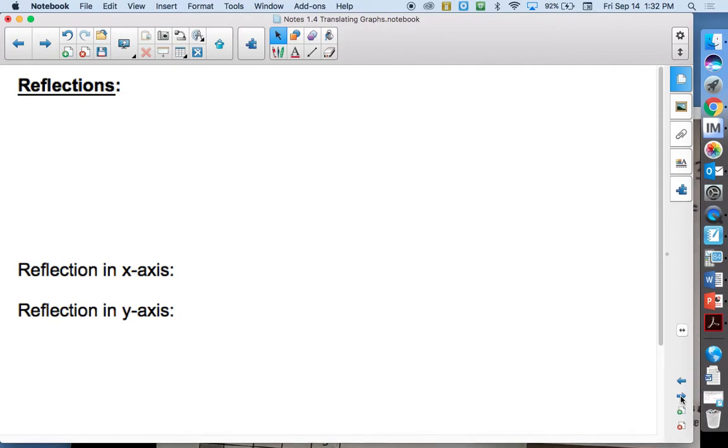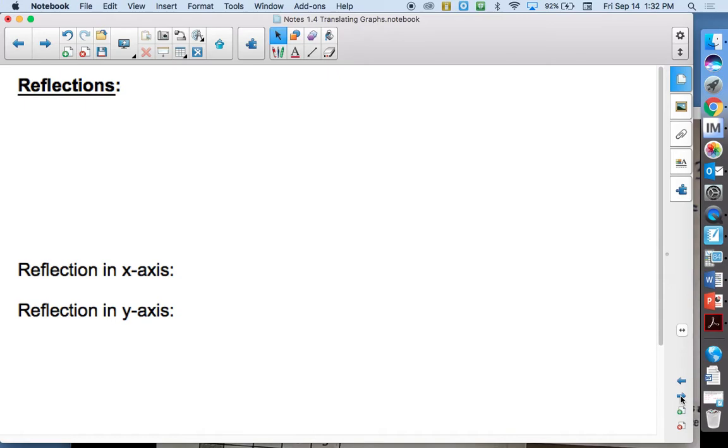Yesterday we just looked at problems that shifted left, right, up, down. I did that really quickly, just a quick little review. So we'll also look at reflections, and then there's stretching or making a graph wide, making it narrow. But the first term we have here is a reflection.